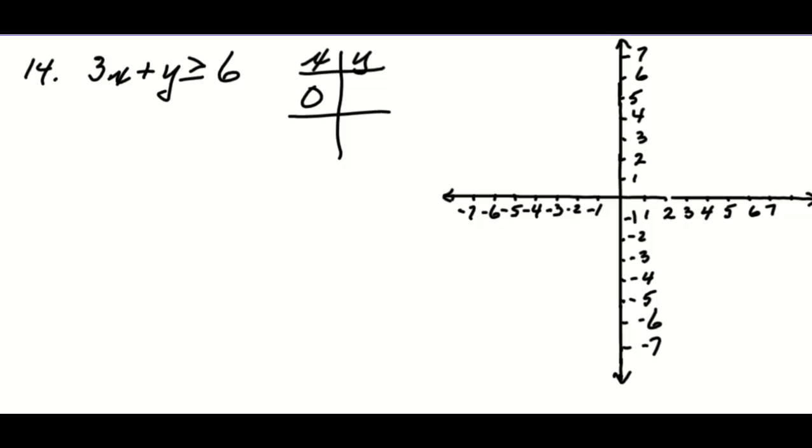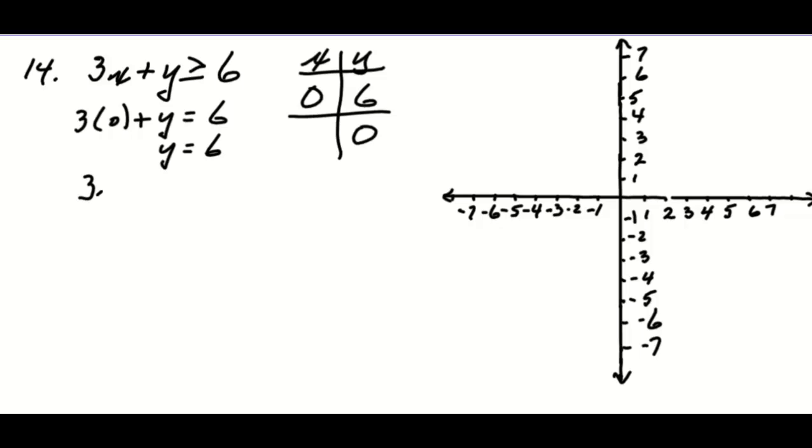This one has 3x plus y is greater than or equal to 6. All right? Again, when I set up my points, all I'm going to do is set up my axis points, x being 0 here, y being 0 there. 3 times 0 plus y is equal to 6, so y equals 6. That's this point.